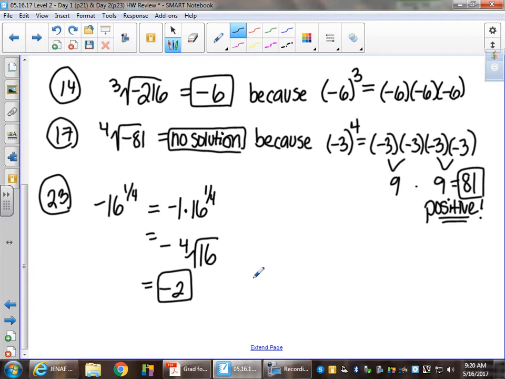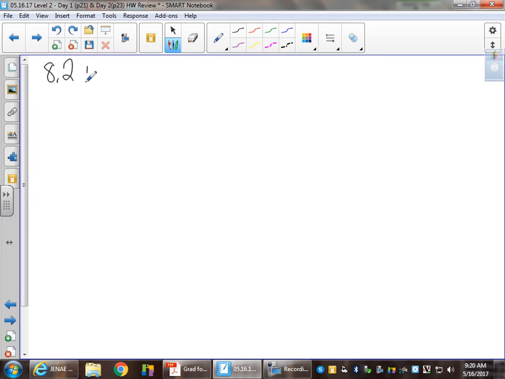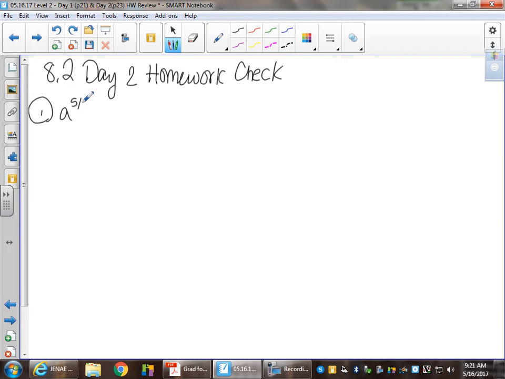All right, let's move on to page 23. So this was 8.2, day 2. Homework check. We're going to go question by question. Number 1, a to the 5/6 b to the 2/3.